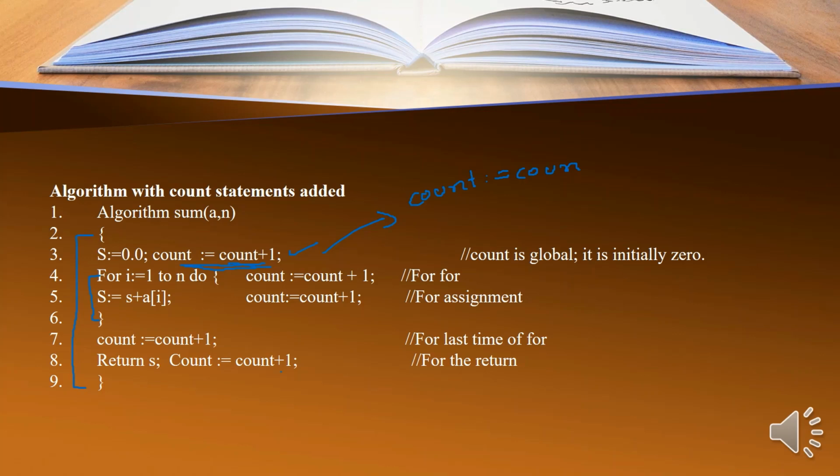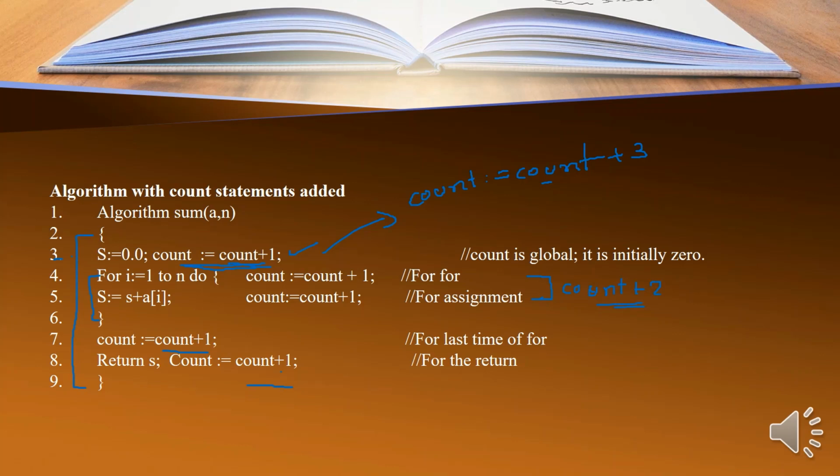So in the outside of the loop, count has totally count equal to count plus 3, adding this count plus 1, this count plus 1 and this count plus 1. Whereas inside the for loop, count gets incremented twice, so count equal to count plus 2.